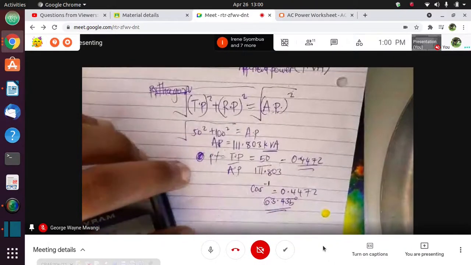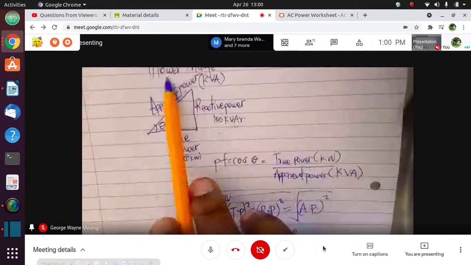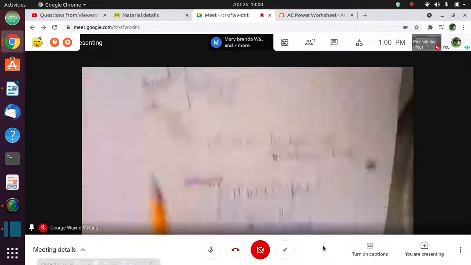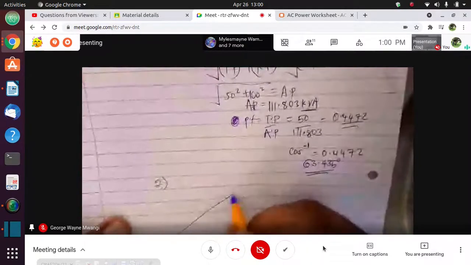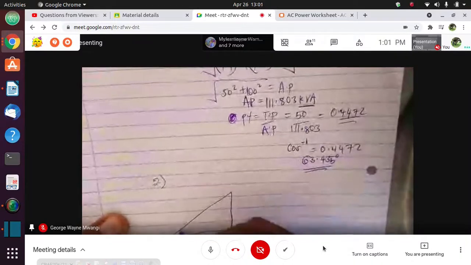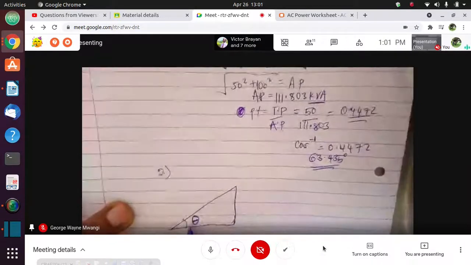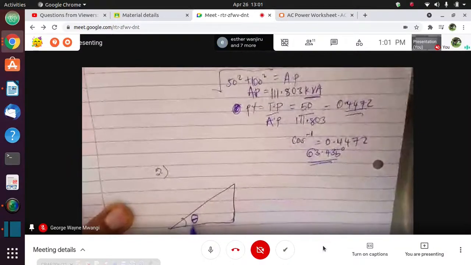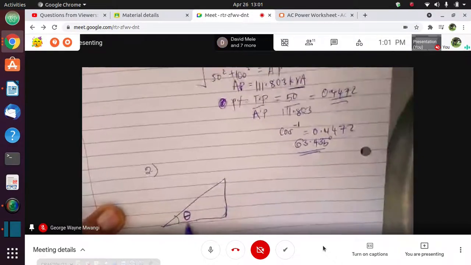Now, when that is finding the power factor in terms of power using the power triangle, you can also find the power factor using something known as the impedance triangle. The triangles will be similar, and even finding the angle will be similar.